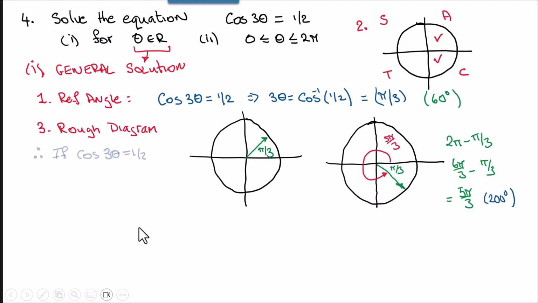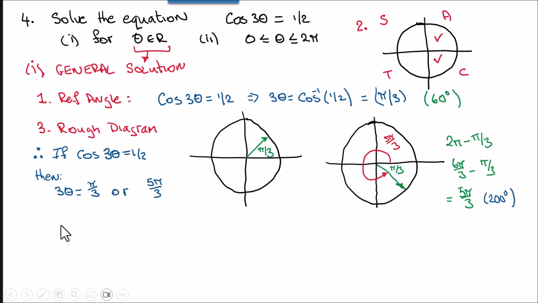We can say when 3 theta is equal to pi over 3, cos of pi over 3 is going to be a half. And when 3 theta is equal to 5 pi over 3, cos of 5 pi over 3 will also be a half. So we can write the general solution.